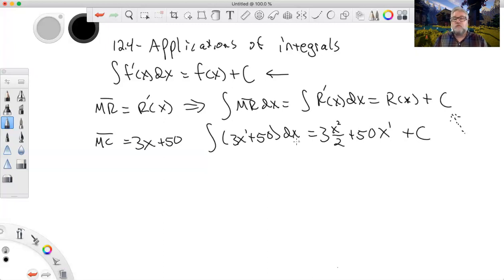And we're also told in this example that the startup cost, the cost when we've sold 0 things, is 10,000. So this is the flat rate cost to just turn on the machines. So that's setup cost and everything.